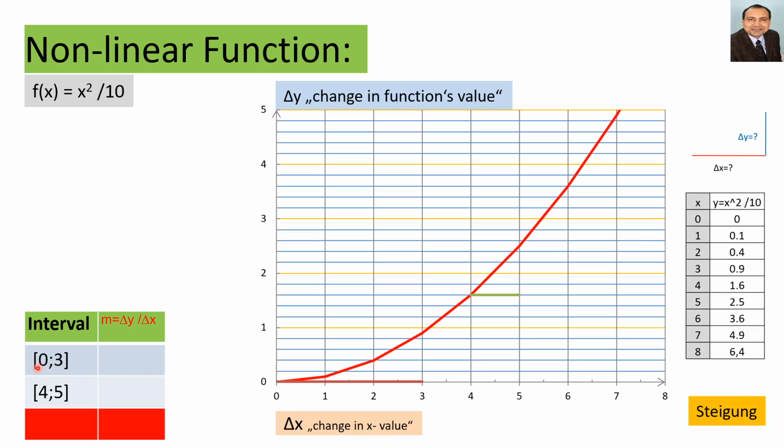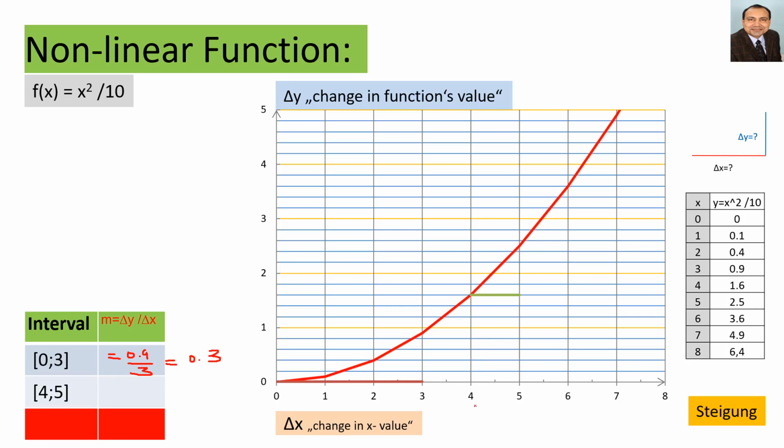Now the interval 0 to 3: the y value is 0.9, divided by 3 minus 0, which is 3. So the value is 0.3.